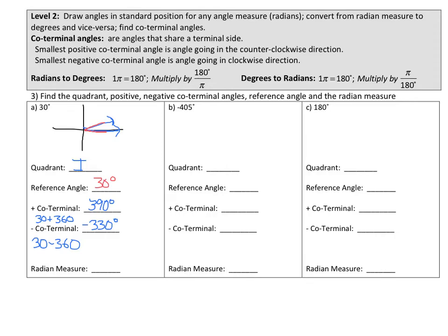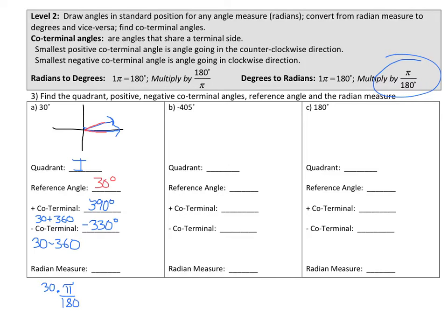Okay, and then converting to radians. Everything on the unit circle, you're going to need to memorize, but while we start out, we're going to use this formula. If you start with degrees and you're converting to radians, you're going to multiply by pi over 180. So 30 times pi over 180.